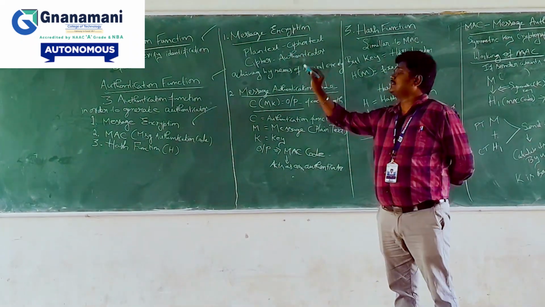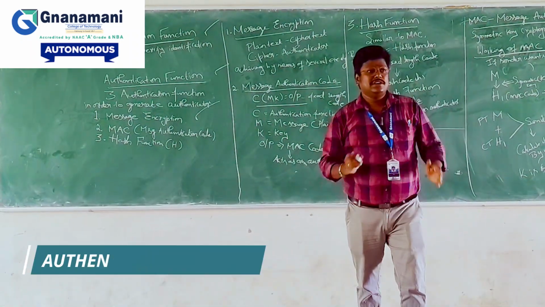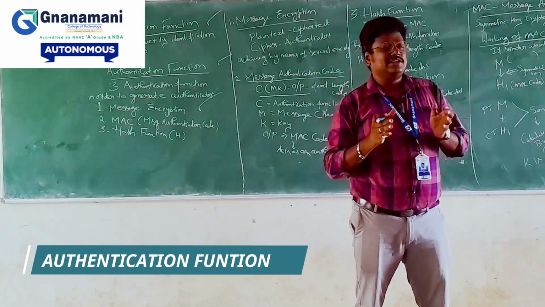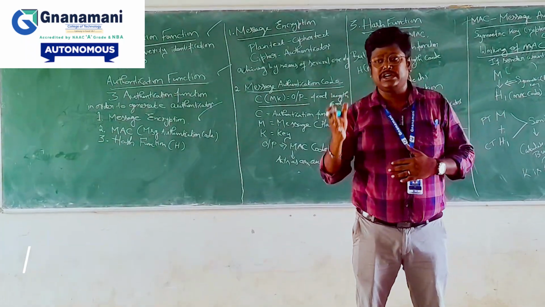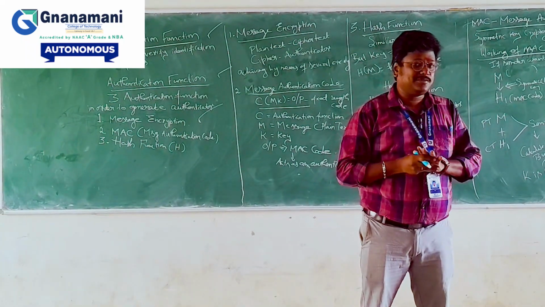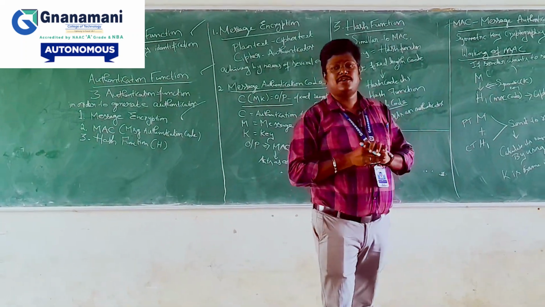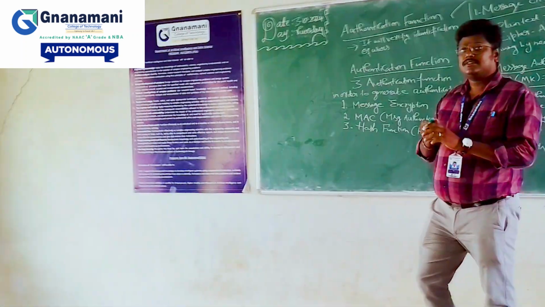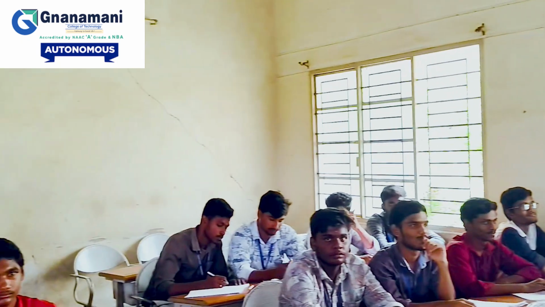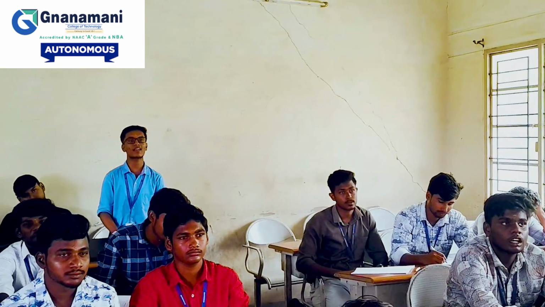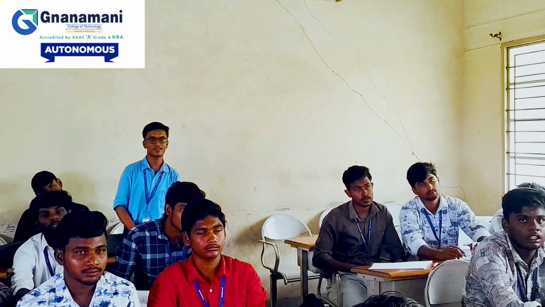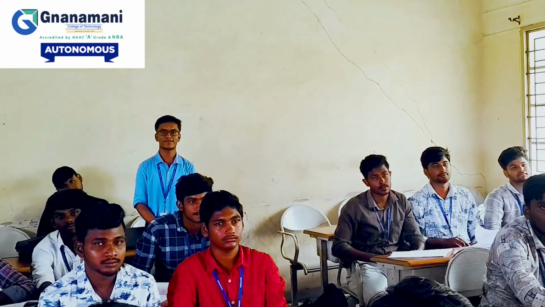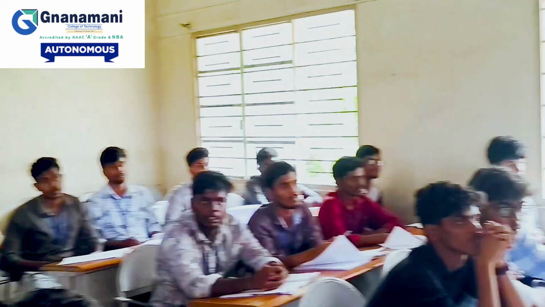The first function is message encryption. In cryptography, we have discussed encryption many times already. What is the meaning of encryption? Ganpat, what is the meaning of encryption? Louder, please. Yes, to protect the data. To protect the data, we have a method called encryption.